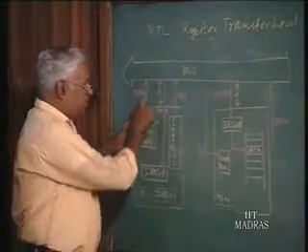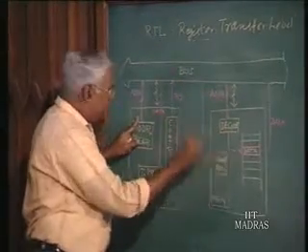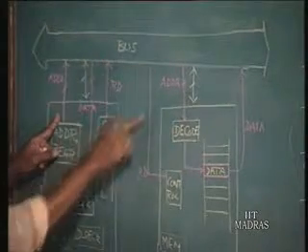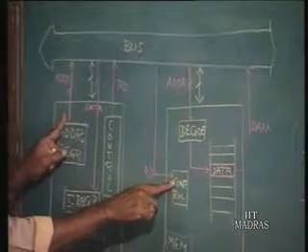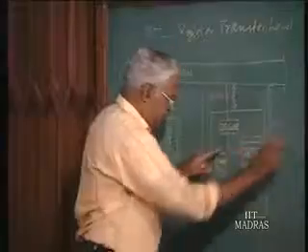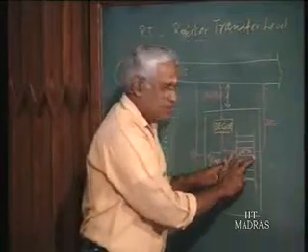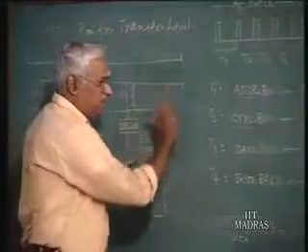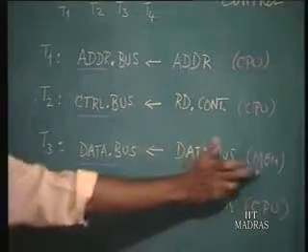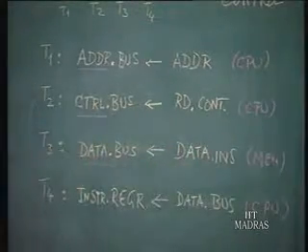The CPU is addressing and then indicates that it wants a read to be performed. We are assuming that as soon as the read comes, the data will be made available by the memory and then placed on the bus.